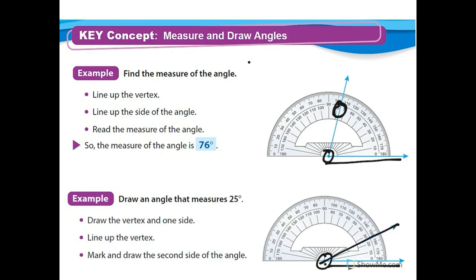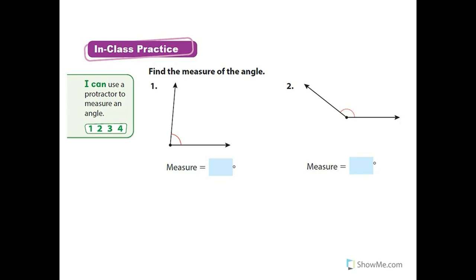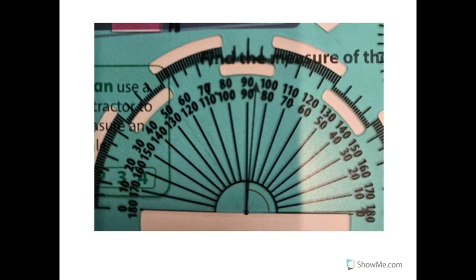All right, well, let's go on to some in-class practice. In 1 and 2, we're going to find the measure of the angle. Here's what it looks like. We've got our protractor that's on our template.